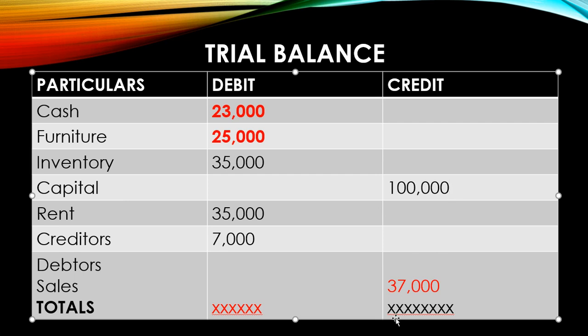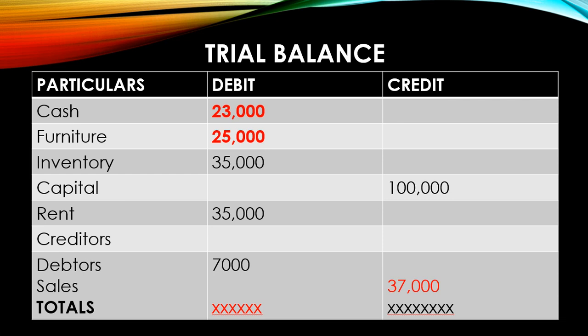So debtors, I think this 7,000 was debtors. 7,000. And this one was a certain figure here.